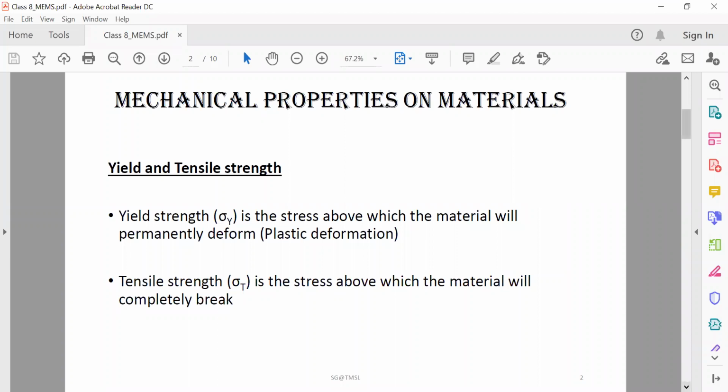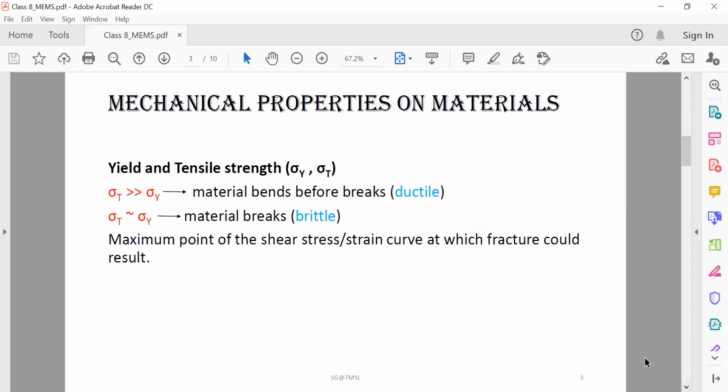According to these criteria, if the tensile strength is greater than the yield strength, then the material bends before it breaks, which is called ductile. If the tensile strength is comparable to the yield strength, then the material breaks, which is called brittle.